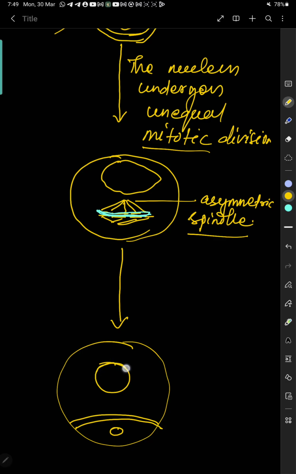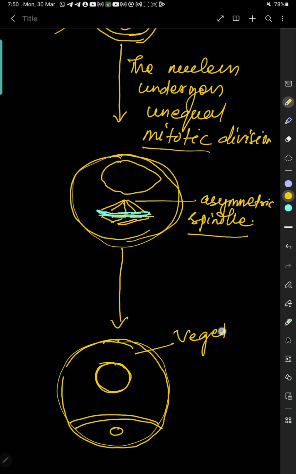The larger nucleus remains inside the complete cell, the cell inside which the division has taken place. So this is the vegetative cell. Now inside the vegetative cell only, the small nucleus is floating, and that gets surrounded by the cytoplasm.